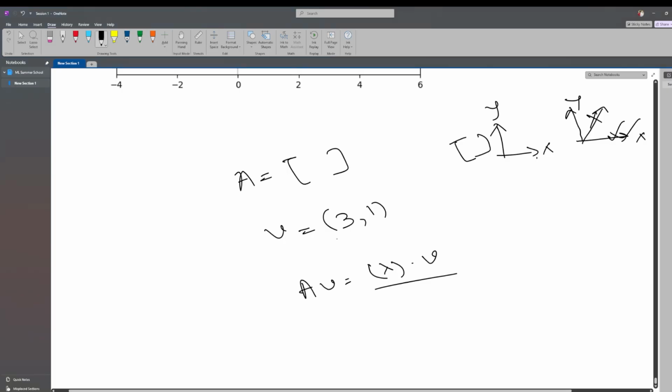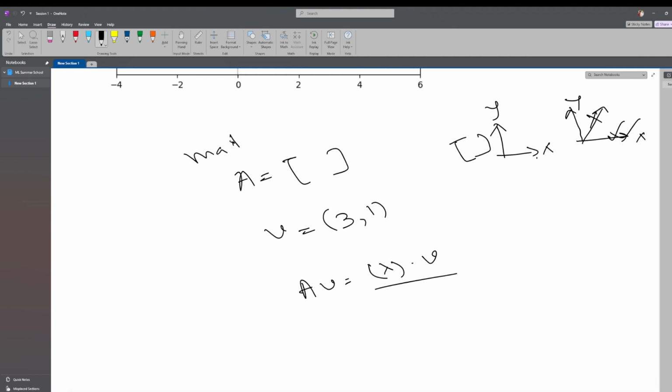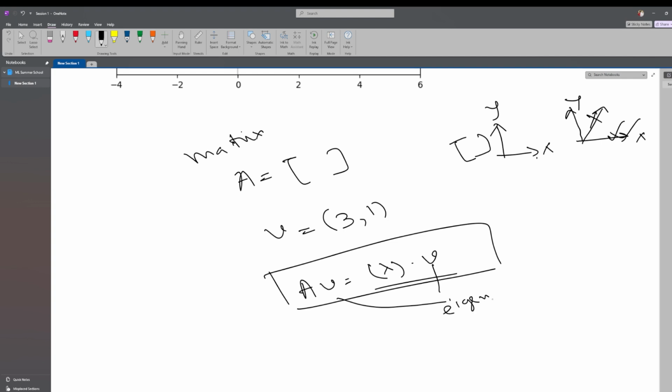Assuming A, just check this out. As mentioned, A is a matrix, and if a matrix is multiplied with an eigenvector, we end up with an eigenvalue multiplied with the eigenvector. This is our eigenvector, and this lambda is our eigenvalue.